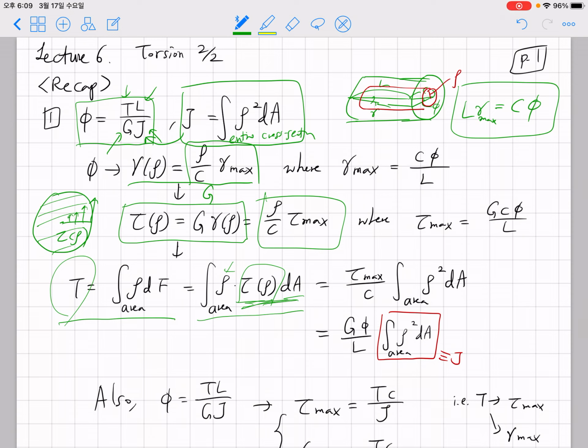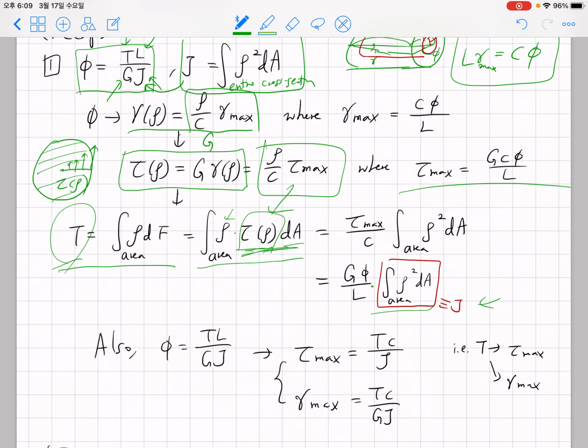Plugging in the relationship we just derived, where tau max is G C phi over L, we end up with T being the same as G times phi divided by L multiplied by this integral, and we define this as the polar moment of inertia J for that specific cross-section. Once we write this equation in terms of phi, we obtain the equation TL over GJ, which I told you at the beginning of today's review lecture.